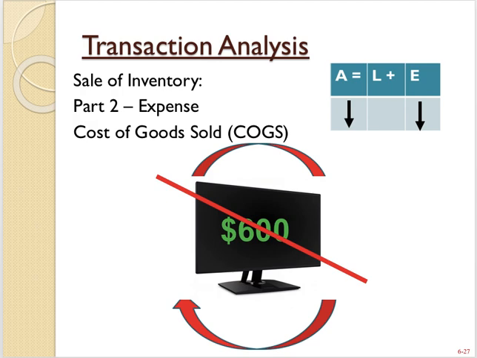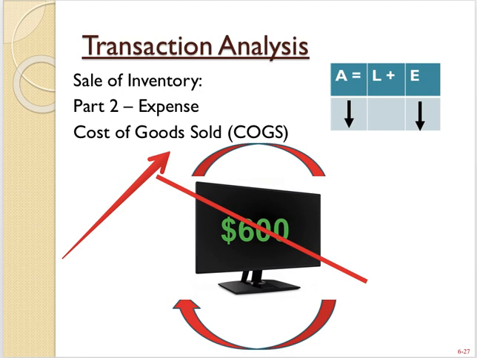So the sale of inventory, the second part of that is the expense. Okay, so on the expense side, what's happening there, it's not really a transaction with an outside party. It's more kind of like internal recognition of what happened, because the external part of the transaction was the sale to the customer.